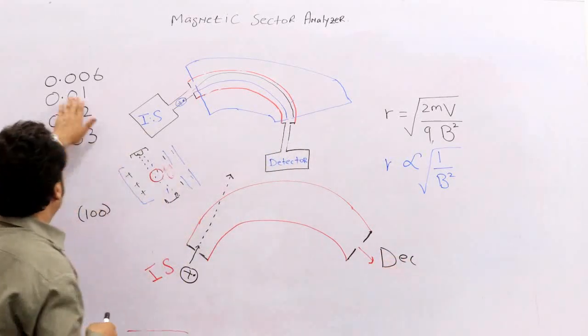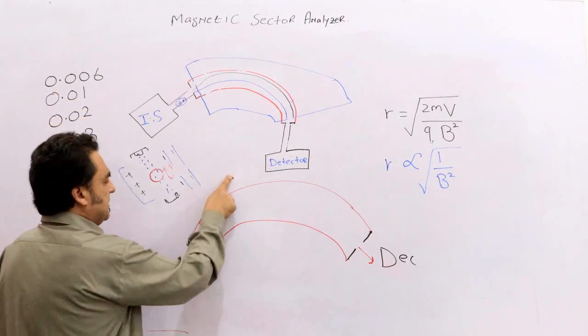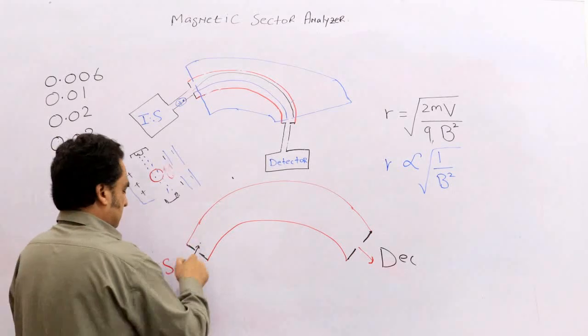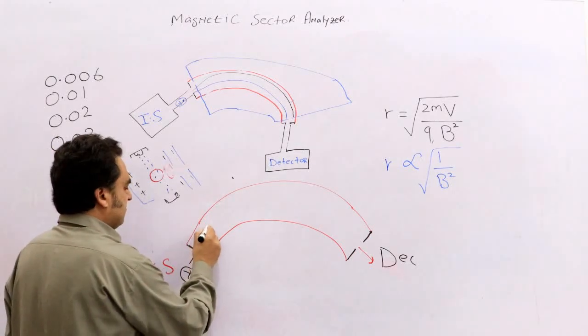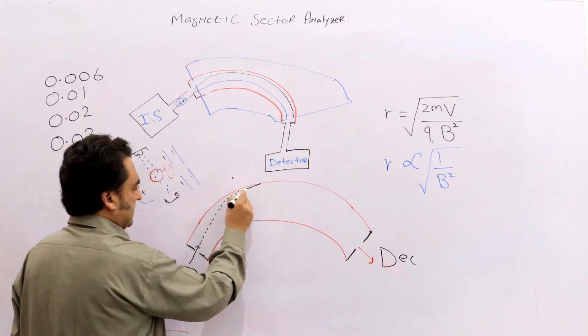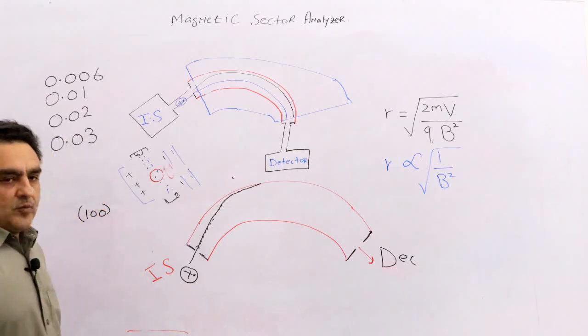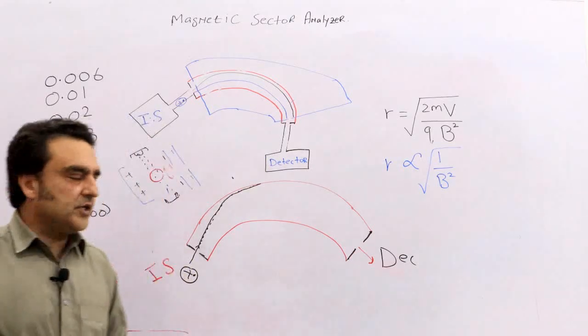Now with this value, as it enters it is deflected a little bit, but still it collides here, so your molecule is destroyed.